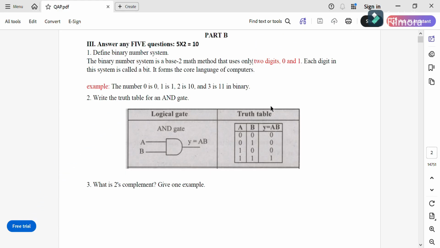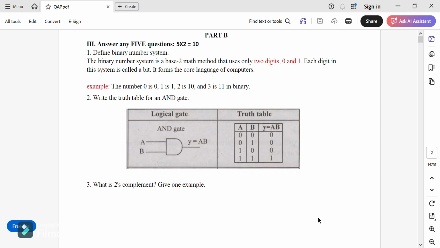If you write the truth table wrong, your marks will get cut. So draw the symbol of the AND gate, give the combinations of AB: 0 0, 0 1, 1 0 and 1 1, and write the correct output. Then you will get the full 2 marks. And don't forget to write the logical equation.